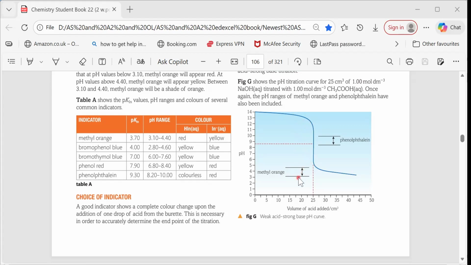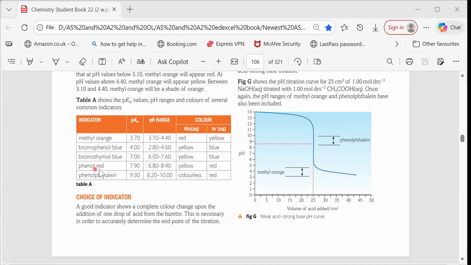I'm asking, for example, phenolphthalein, it's in the vertical line, but it's not covering the whole vertical line. Is that also allowed? It shouldn't cover the whole vertical line. It should only lie, the pH range should lie on the vertical line. There is no indicator that covers all the vertical line. But the change in pH should lie on the vertical line at any place.